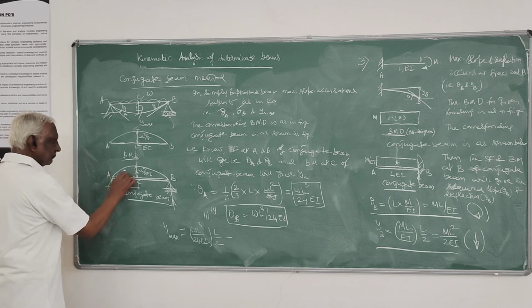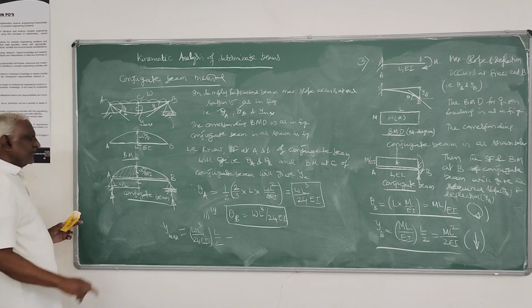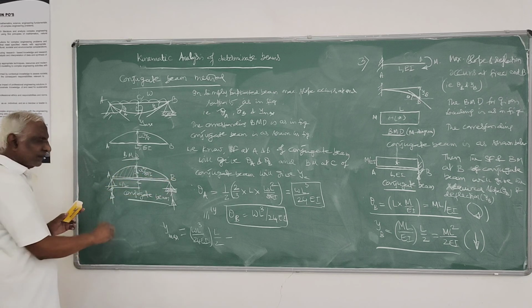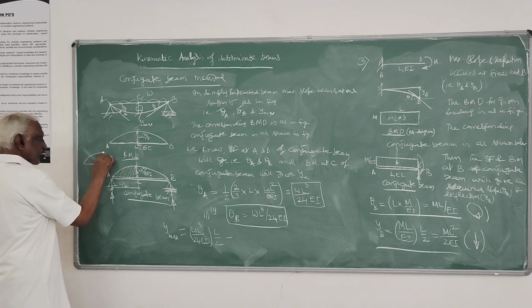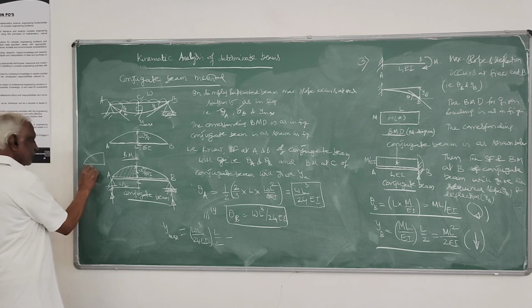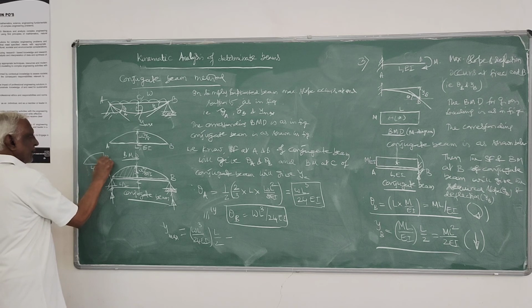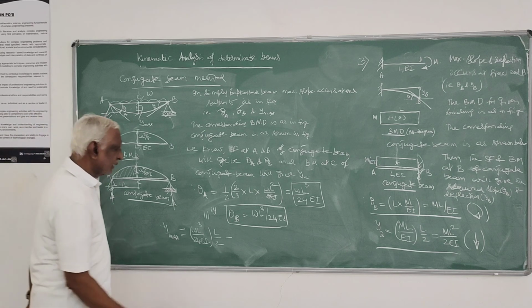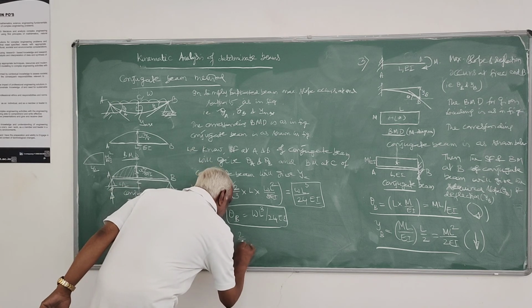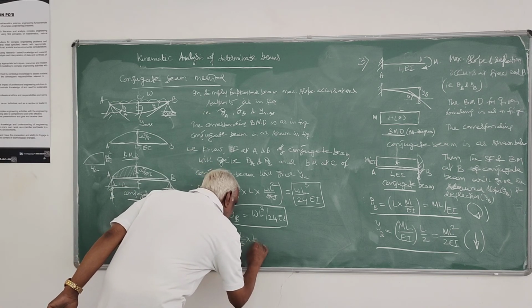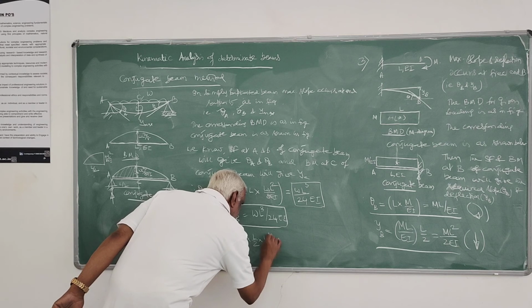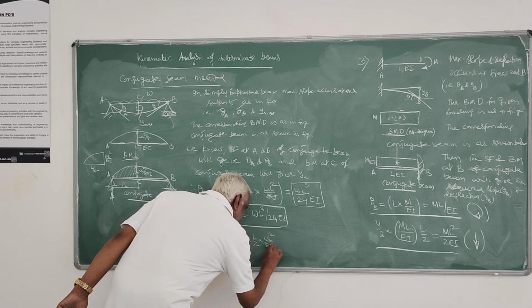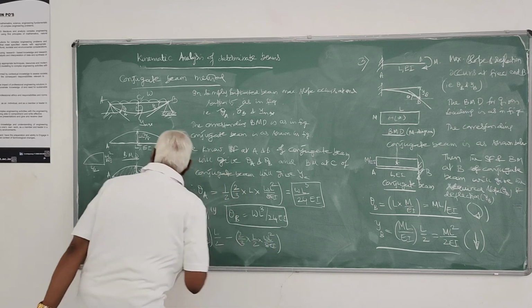this area. This area, which I have given, is nothing but parabolic, 2/3 times this and this: minus 2/3 into L by 2 into WL squared by 8 EI, that's the area of this.